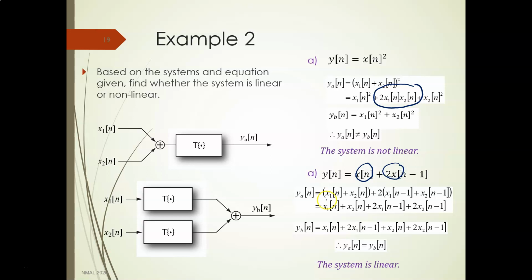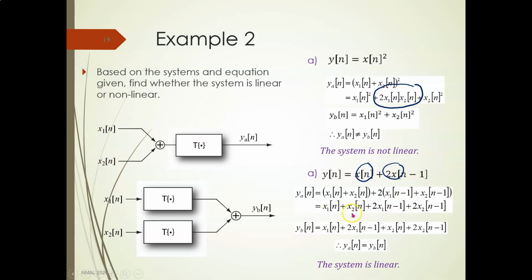So we put x1n plus x2n. We add the inputs together first, and then plus 2x1, which refers to this, n minus 1, plus x2, which refers to this, n minus 1.